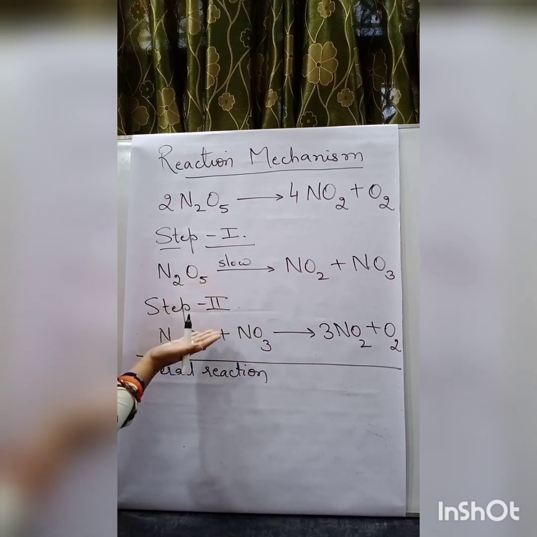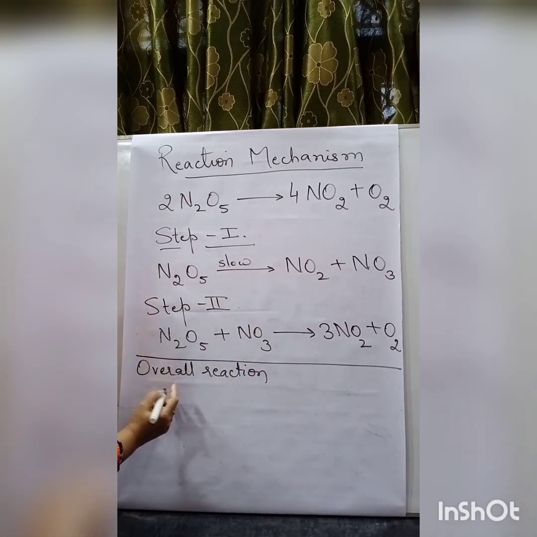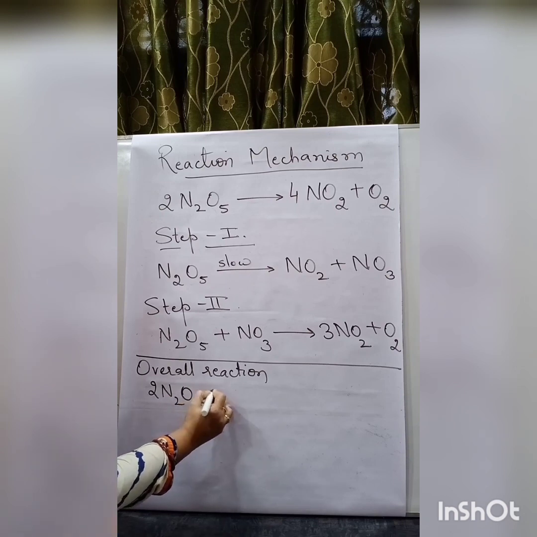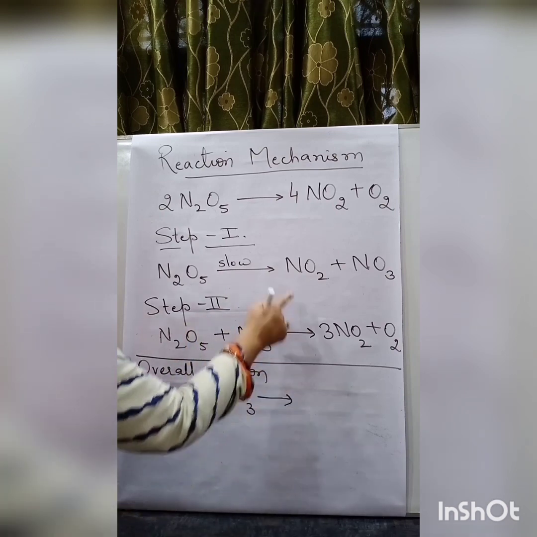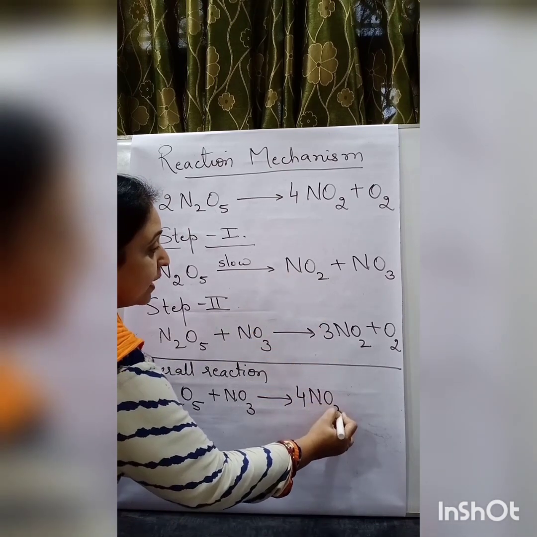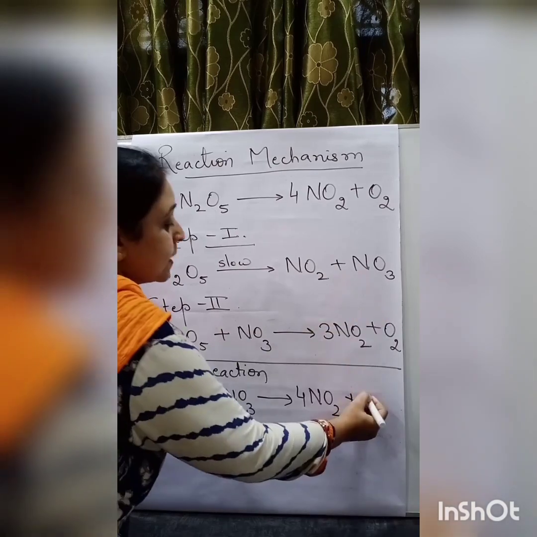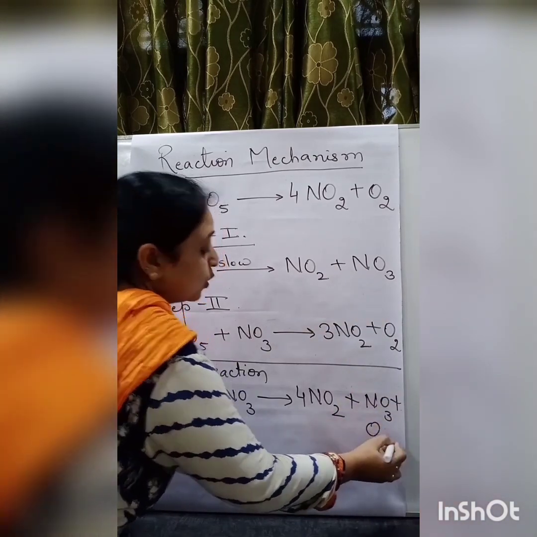Now, add the left hand side and right hand side together. If you add the left hand side, you get 2 molecules of N2O5 plus NO3, and on the right, 3 and 1, 4 molecules of NO2 plus NO3 plus O2.